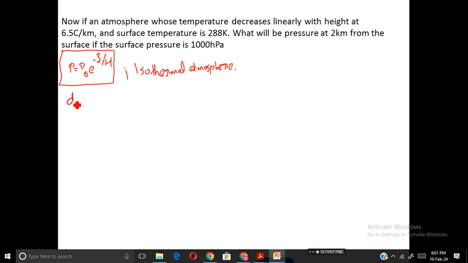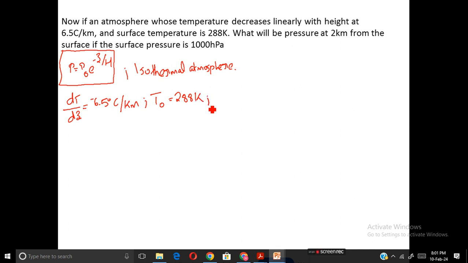Celsius per kilometer. So what is given is basically dT by dZ, or the lapse rate, 6.5 degrees Celsius per kilometer. If you remember, we have calculated this value in the last class. So dT by dZ, or the rate of decrease of temperature with respect to height, is given as minus 6.5 degrees Celsius per kilometer, and surface temperature is given as 288 Kelvin.